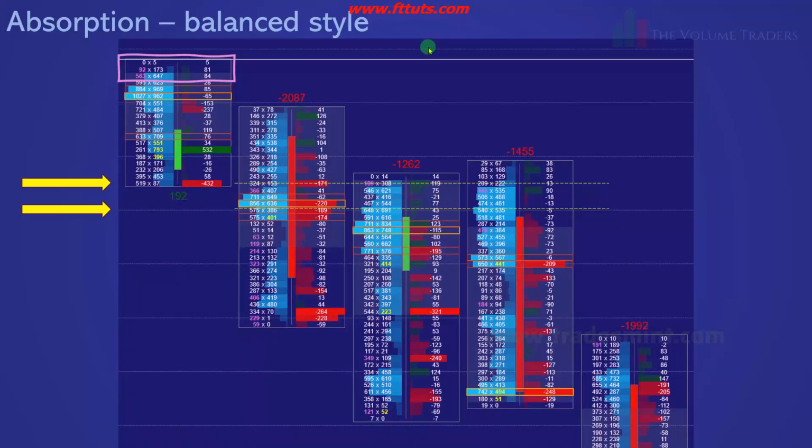Trust me, a move of over 10 points on ES is very, very big. So 4 points is something good, because then we are aiming for 8 points maximum.